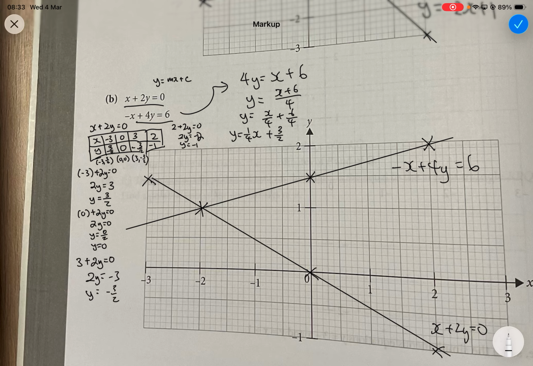So they meet here, the x is negative 2, the y is 1. So if I'm to answer the question, the answer will be x is negative 2, y is 1. Okay? Because the coordinate of the point where they meet is negative 2, 1. So the x to the answer is negative 2, the y for the answer is 1.